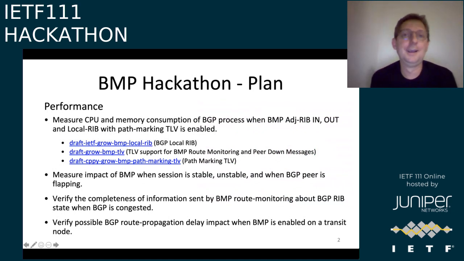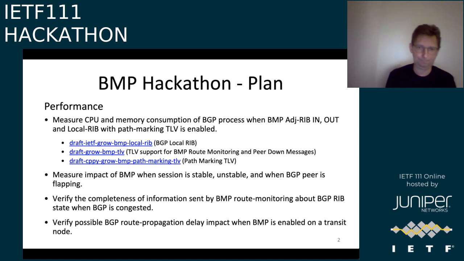Great, thanks a lot. So this time we were focusing solely on testing the impact the BGP Monitoring Protocol has on BGP and on CPU and memory usage on the route processors, especially in the context of BMP adjacency RIB in, out, and the local RIB with path marking and additional TLVs.